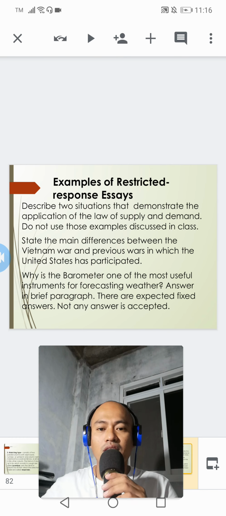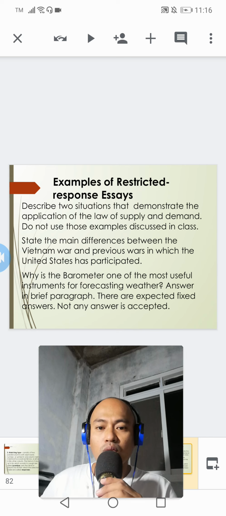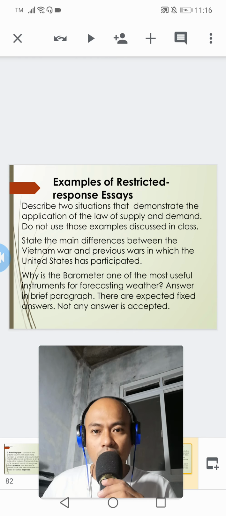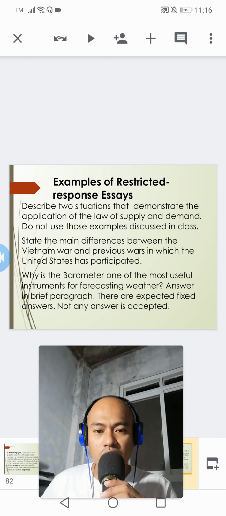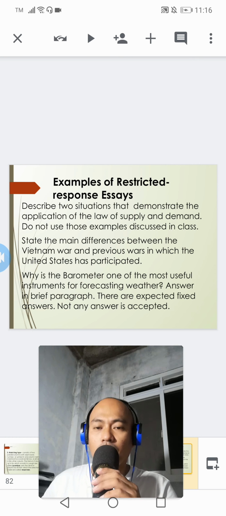So in that case, we have already restricted the possible responses of the students. Do not use those examples discussed in class.